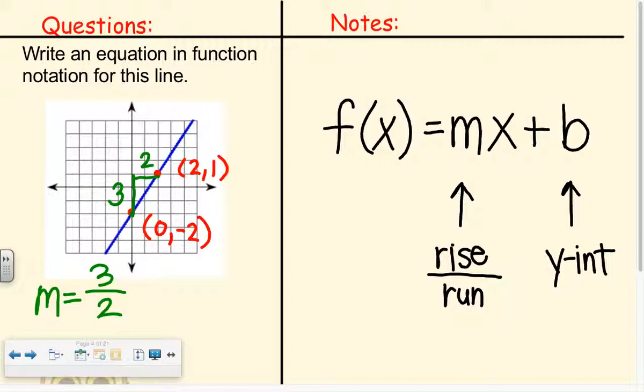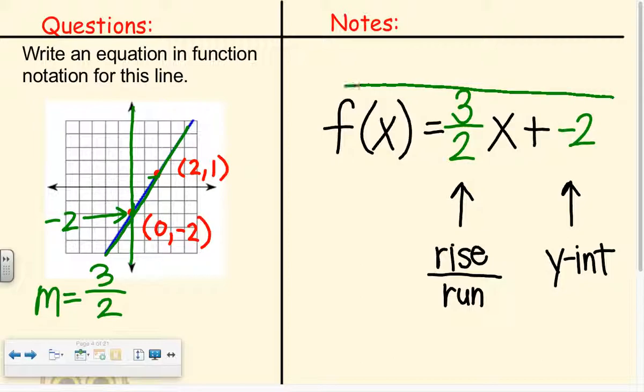So my slope this time is 3/2. And then my y-axis intersects my blue line right here, at the number negative 2. So that's my y-intercept. The equation for this graph is f of x equals 3/2x plus a negative 2.